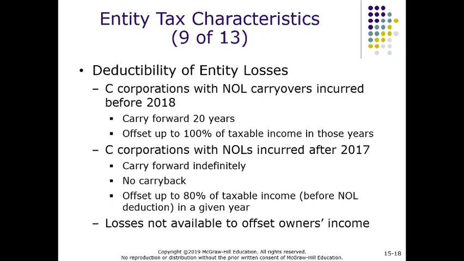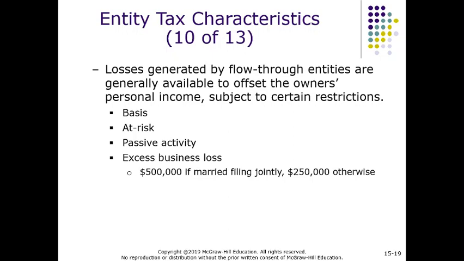If they were an S corp, or any flow-through entity, they would be able to take these losses, subject to certain limitations, available to offset the owner's income. And so that's the point here. Losses generated by flow-through entities are generally available to offset the owner's personal income.